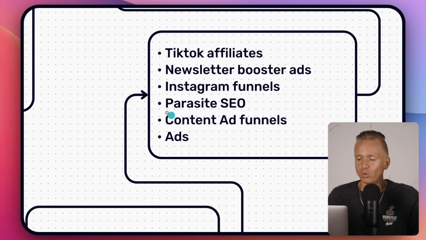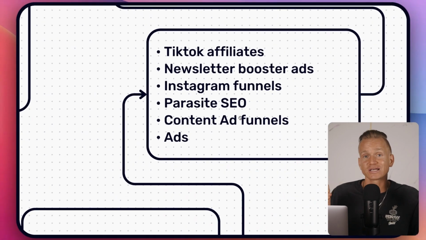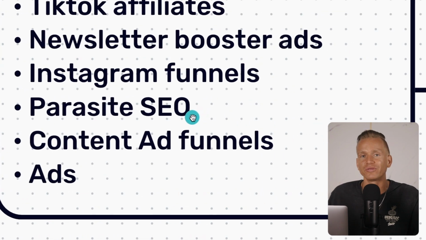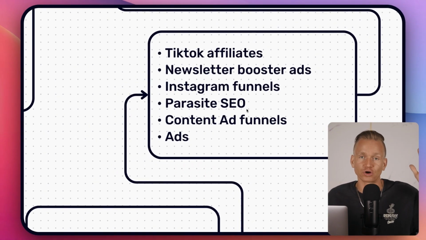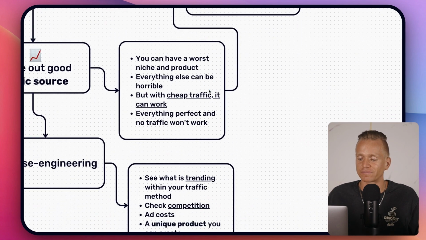Or for example, with Parasite SEO, you can see there's actually a lot of people that have already killed some of the niches. You're not going to be able to compete with them, but perhaps if you love this traffic method, you might find there are still some niches that are untapped where I can use this traffic method, and so on and so forth. This goes basically for all of these different methods.